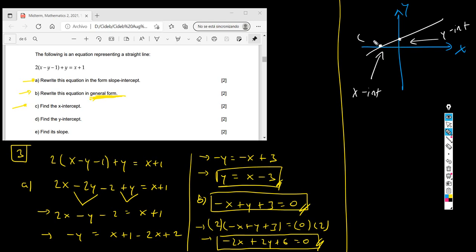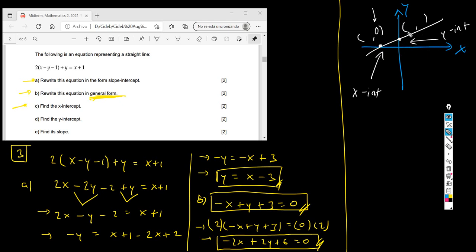For example, if you look at the coordinates of this point, and the coordinates of this point, there's going to be a 0 in one of them. For the x-intercept, the coordinate that is 0 is the y-coordinate. All the points on the x-axis, I don't care which one, must have a 0 in the y-coordinate by necessity, right?